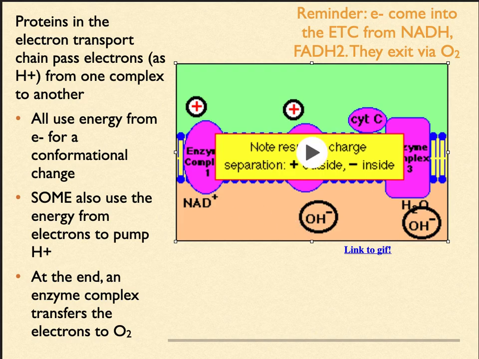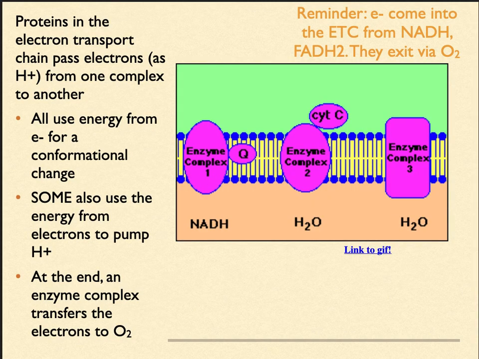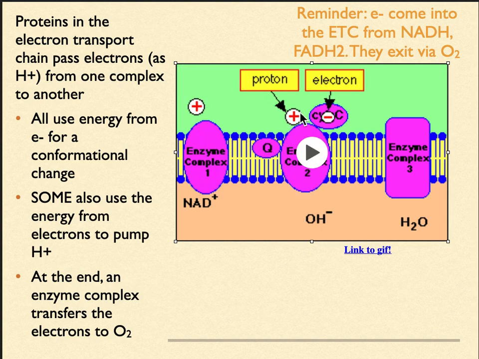All right, so the final step in the electron transport chain is ATP synthase. So imagine that we've gone through this whole process a bunch of times. What is the result? Well, we're going to get a bunch of protons on one side of the membrane.